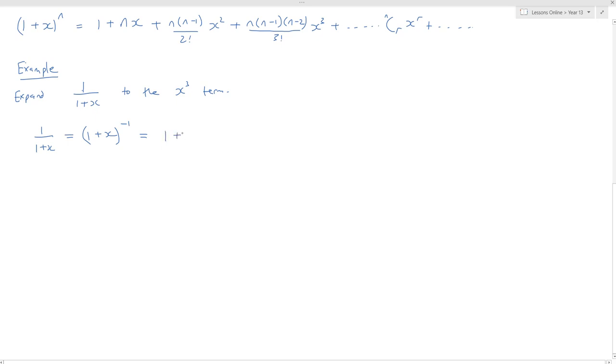So 1 plus, instead of n, we write minus 1 x plus minus 1, then minus 1 minus 1, so minus 2, over 2 factorial x squared plus minus 1 times minus 2 times minus 1 minus 3 over 3 factorial x cubed plus, we write our dots there to signify that the series goes on.